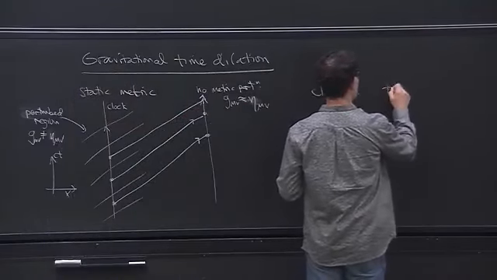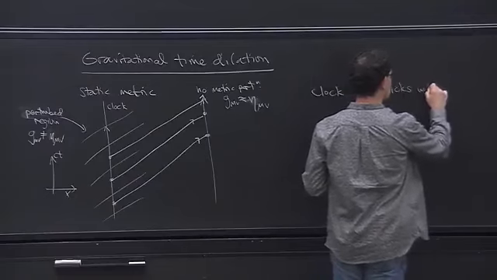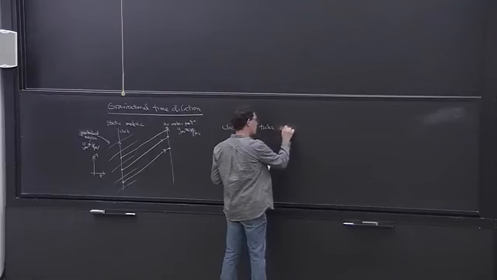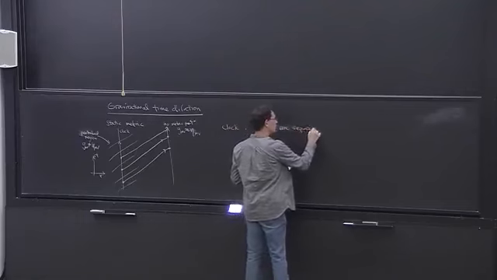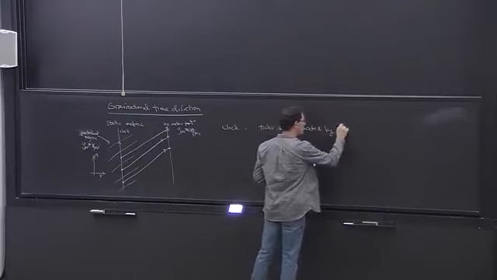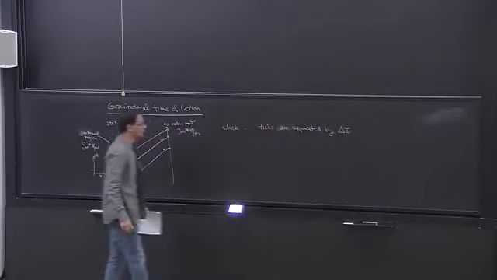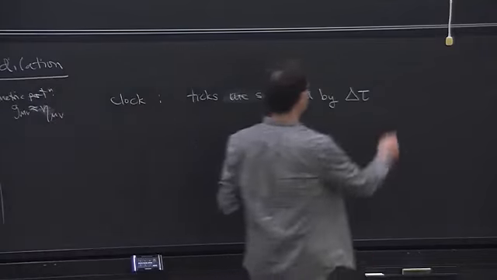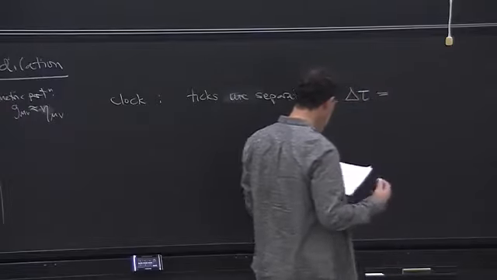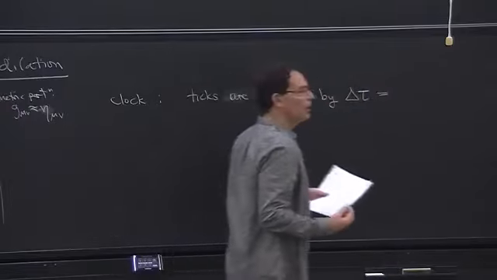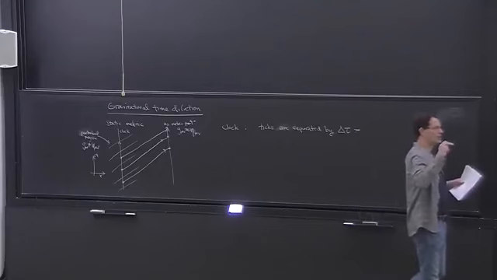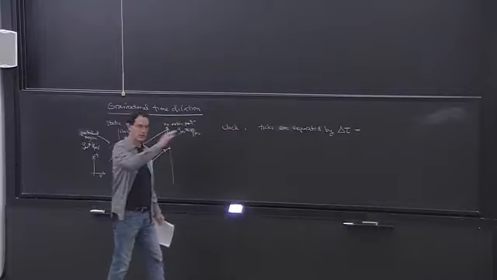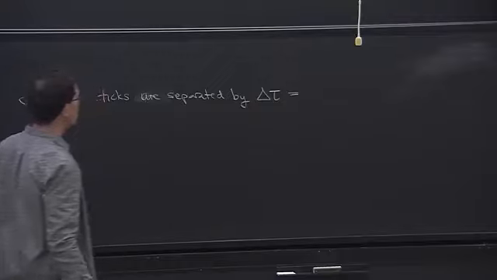So the clock ticks are separated by delta tau. And delta tau is the space-time interval between those ticks. Delta tau is the time between ticks in a frame in which the clock is stationary, because obviously if it's moving, you get time dilation.